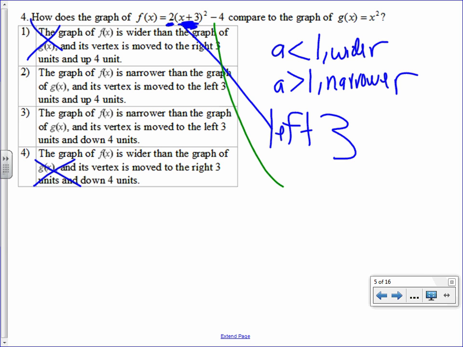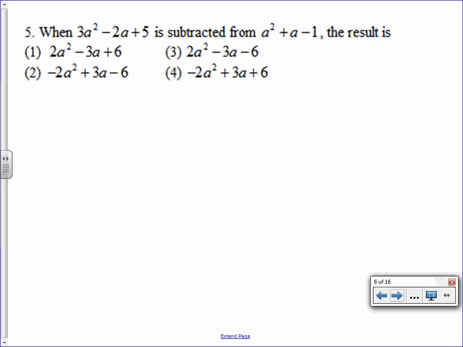If you're subtracting it from the whole thing, you're subtracting it from the y, which is making it go down 4. So, which one says left 3 and down 4? Choice 3. Refer to your rules. Subtracted from. From comes first.